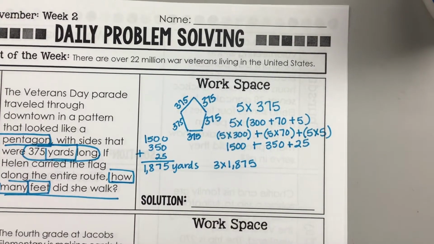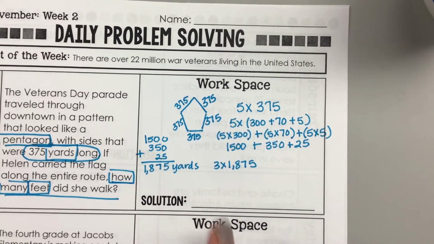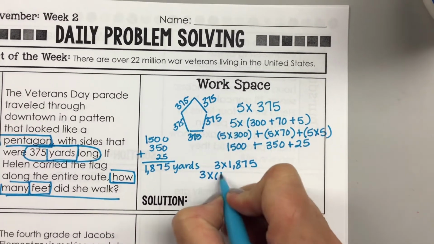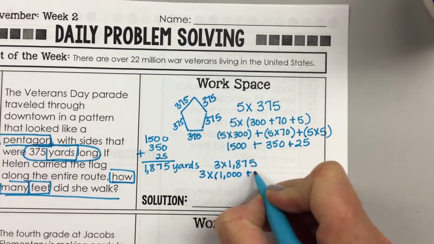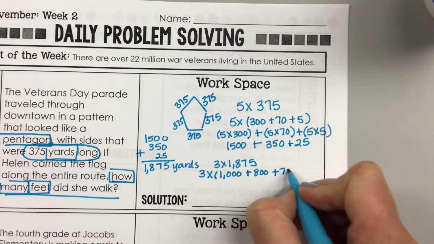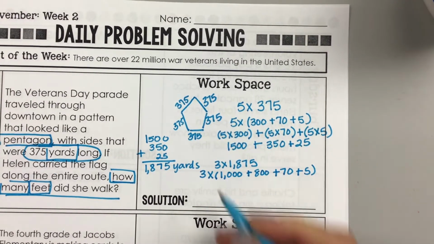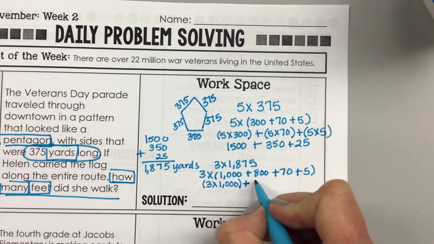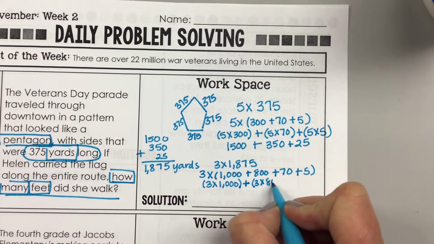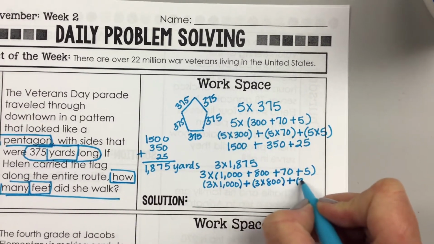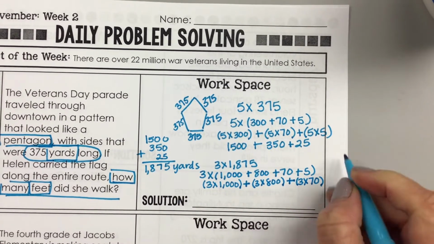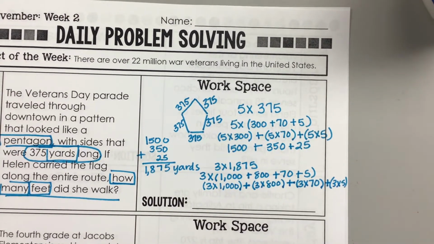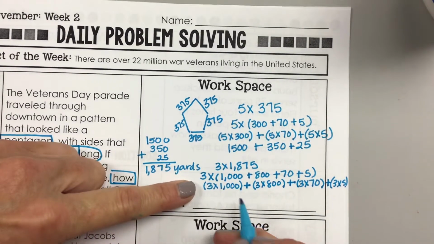So again, if you did not use the distributive property to solve that, then I want you to do that with me now. 3 times 1,000 plus 800 plus 70 plus 5, which is the same as 3 times 1,000 plus 3 times 800 plus 3 times 70 plus 3 times 5.